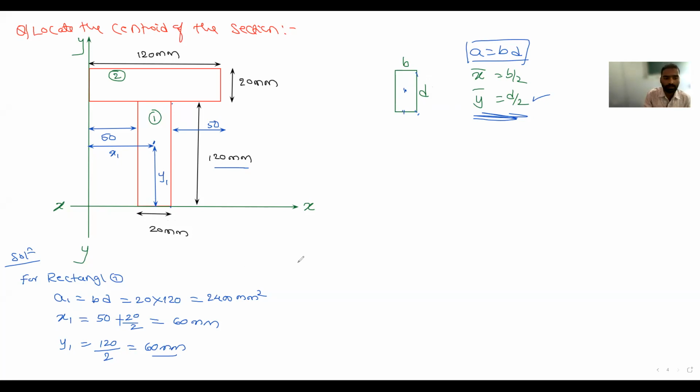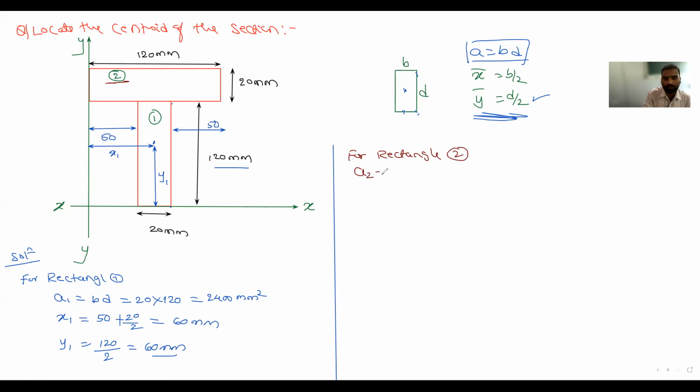Okay, now I will go for the second section. Now all of you concentrate on the figure and tell me. So for rectangle 2, what is the area?